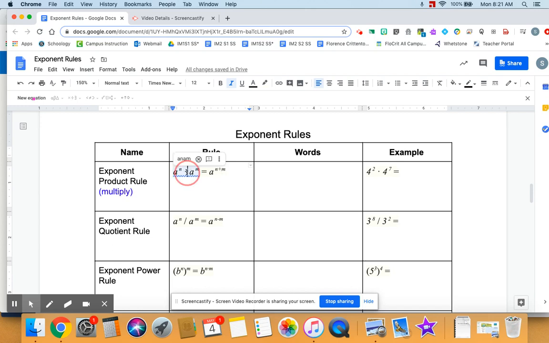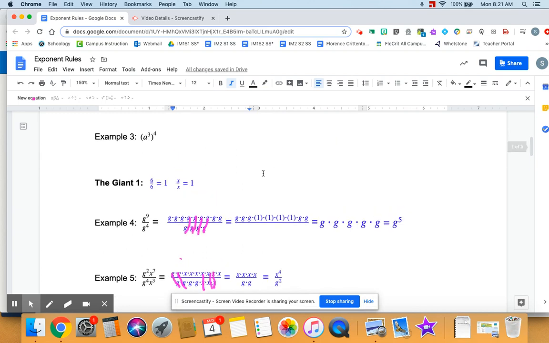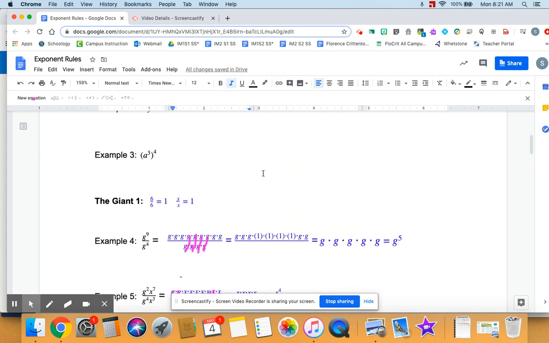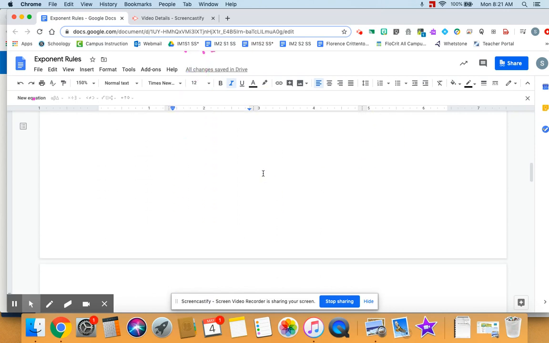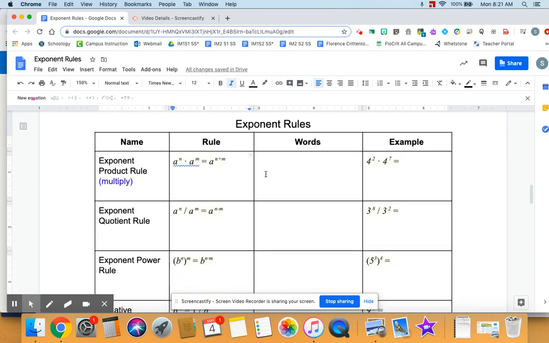Even though you're multiplying these two, you end up adding the exponents. Do you remember that up here? Oh, nope, we didn't do an example of that up here. I'm going to just do one down here then.